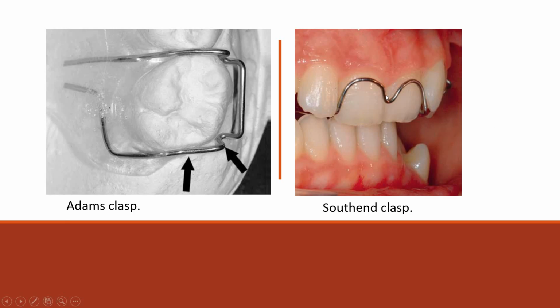The Southend clasp is also constructed in 0.7 mm stainless steel wire, but is used for retention on the incisor teeth. This clasp is activated by bending the U-loop towards the base plate, which carries the clasp back into the labial undercut of the tooth.